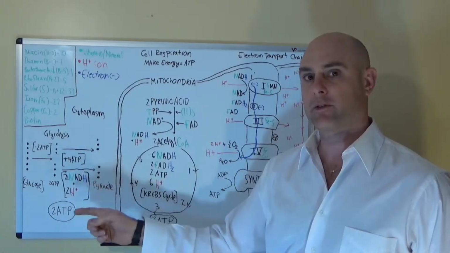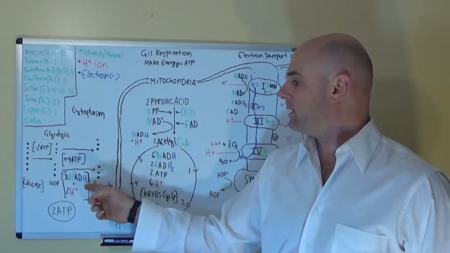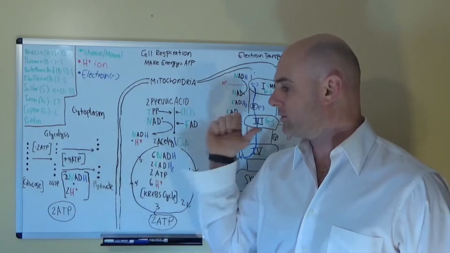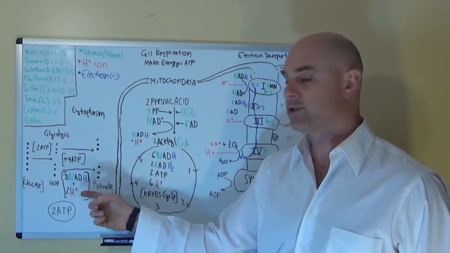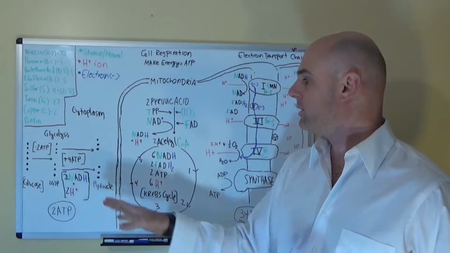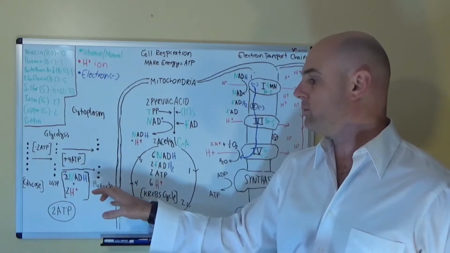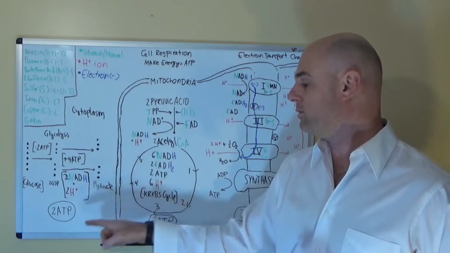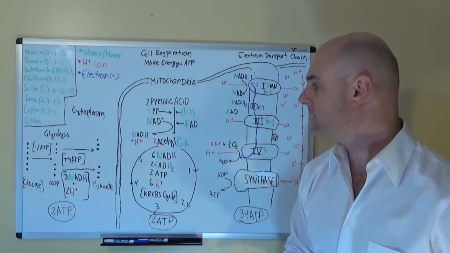In the beginning process we need 2 niacin vitamins, and they are going to carry 2 electrons for us later on in the process. And these 2 hydrogen protons are also going to be used later in the process. So once again, from glucose to 2 molecules of pyruvate, we gain 2 units of energy in ATP.